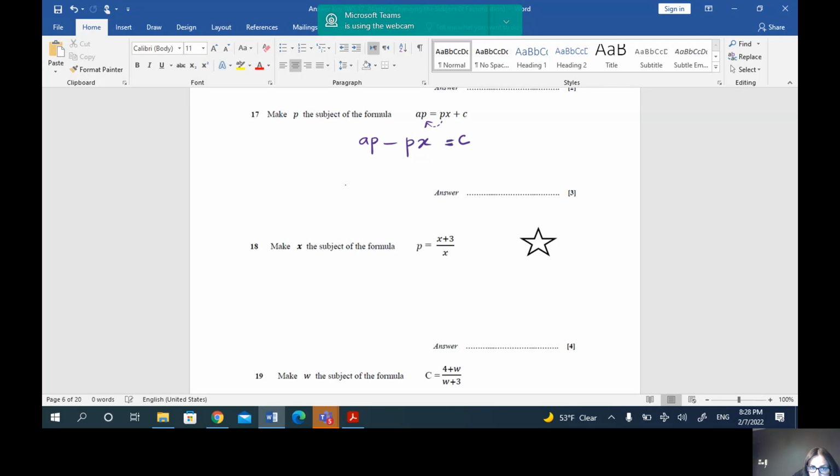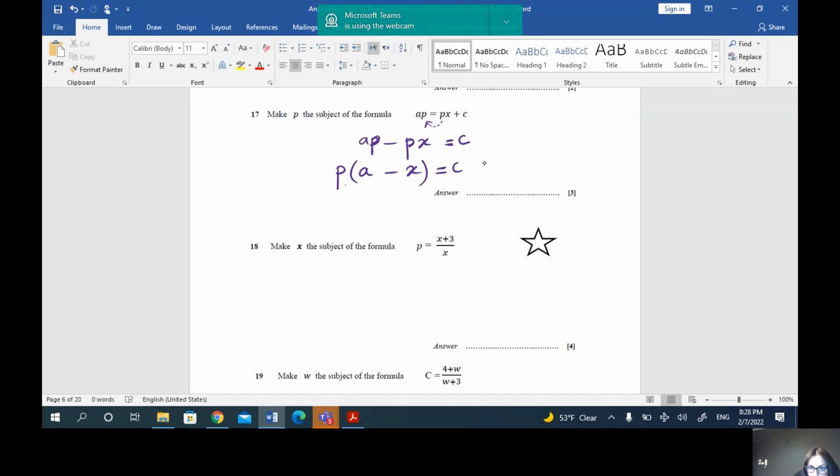So we are going to factorize. We are going to get P on its own. So when we factorize, P is going to come out. Open the bracket. What is left here? A minus X is equal to C. P times what's inside the bracket.